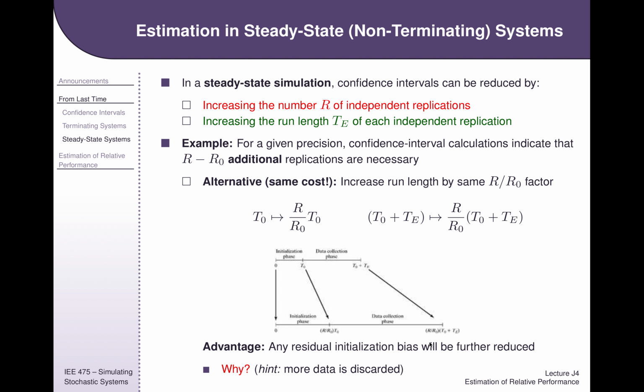Increasing your data in general is going to reduce the variance, and getting rid of this initialization phase is going to reduce the bias. And so in general, we're going to get better and more confident estimators because we've grown the number of data points per replication and discarded more of the problematic data points.